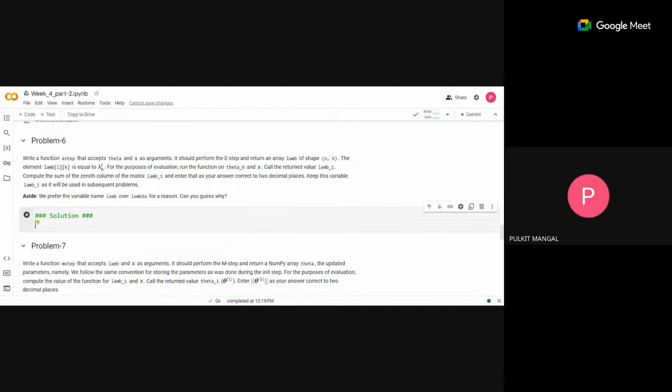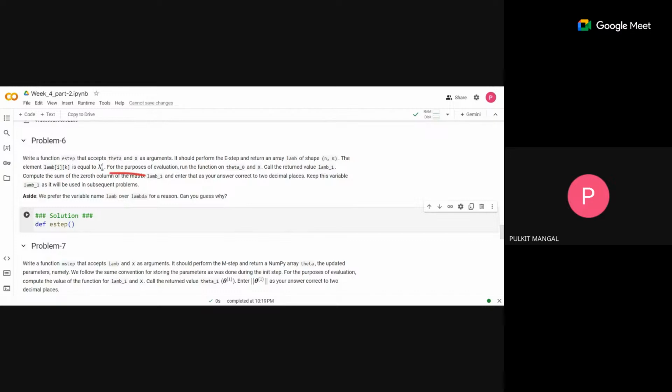Okay, the function E step. What does each step function do? It accepts the parameters theta and x as arguments. It should perform the E step and return lamb of shape n comma k. We have seen a similar matrix today when we were solving with you, the same matrix of order n comma k, where lamb ik, the ith row, kth column entry, is equal to the lambda ik value.